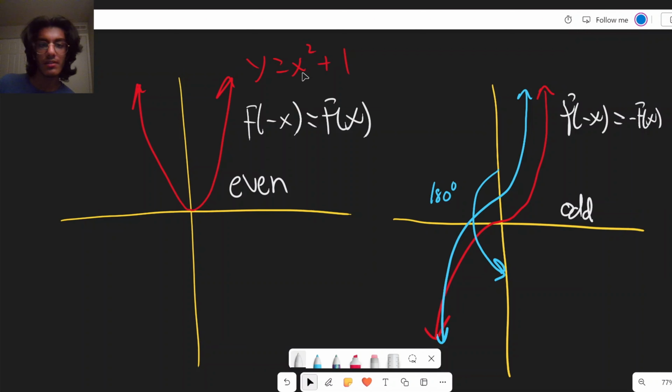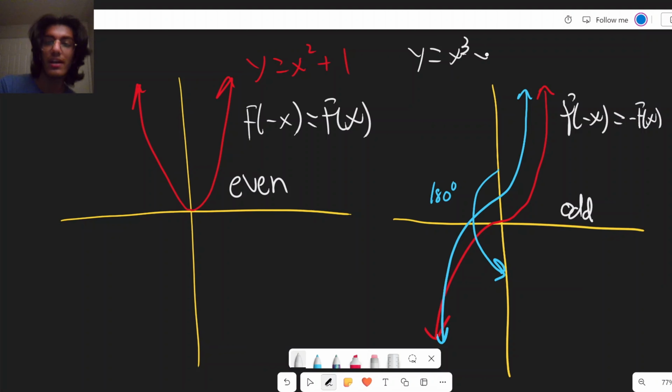So if we sub in negative x values into x squared, it would still be x squared. But let's say this function right here is y equals x cubed. If you put negative x into that, it would come out as negative x cubed.